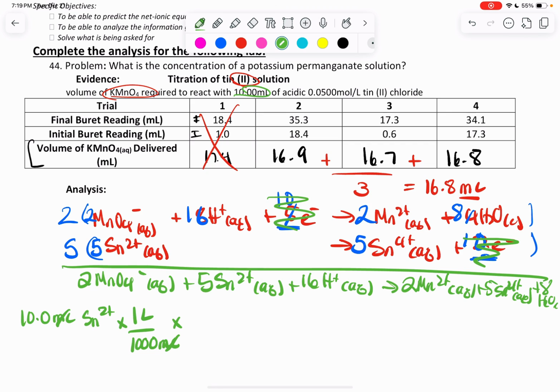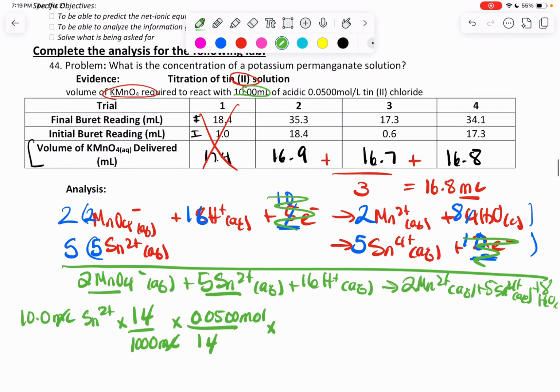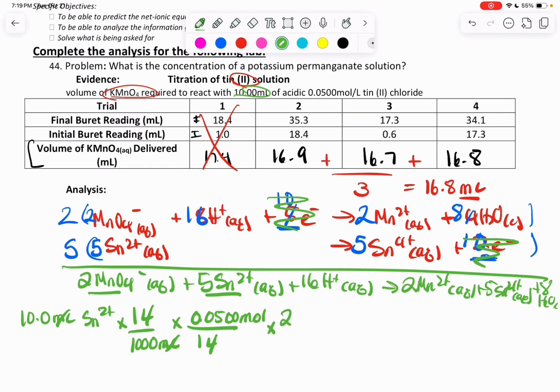Then times 0.0500 moles per 1 liter of solution, so that should cancel that out. Now I know that I have 2 permanganates for every 5 tins, so 2 MnO4⁻ for every 5 Sn²⁺. Those cancel.